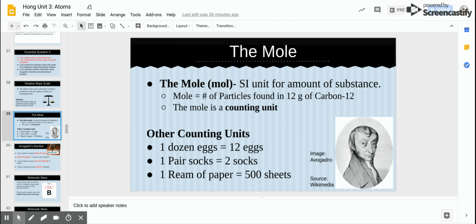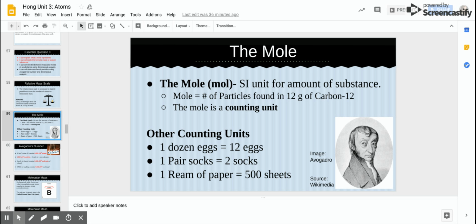A mole was discovered by a gentleman, Amadeo Avogadro, whose picture you can see down in the lower right corner. It comes from the basis that we want to have a counting unit.